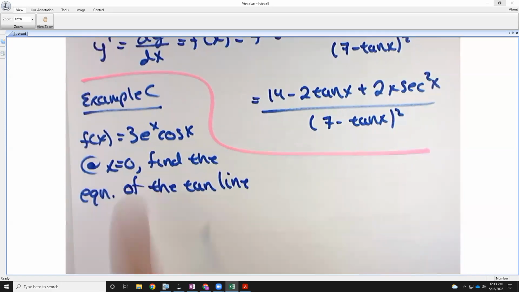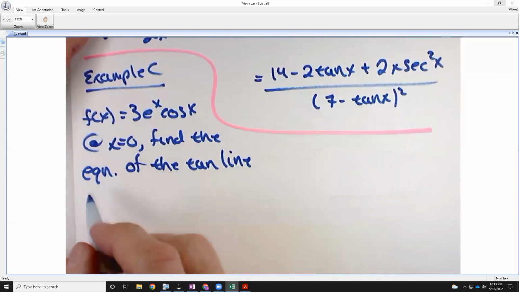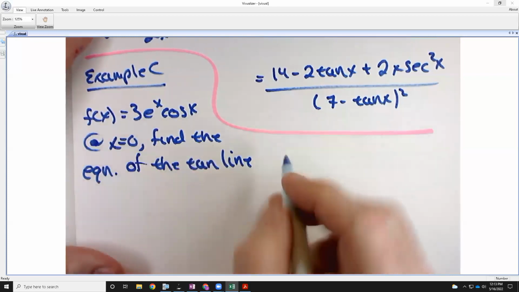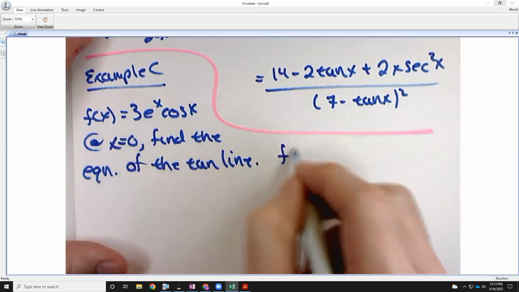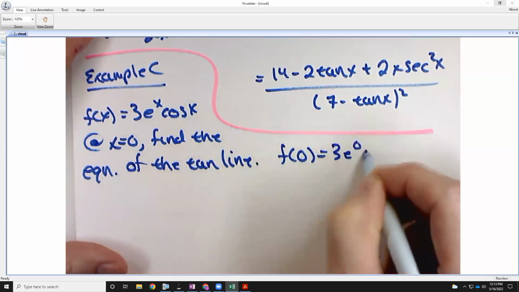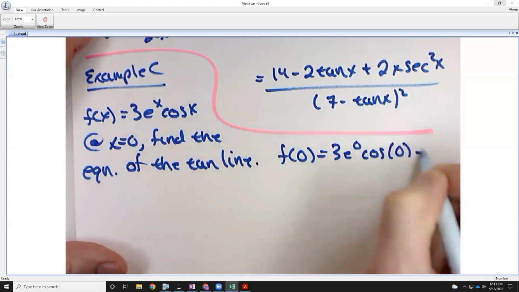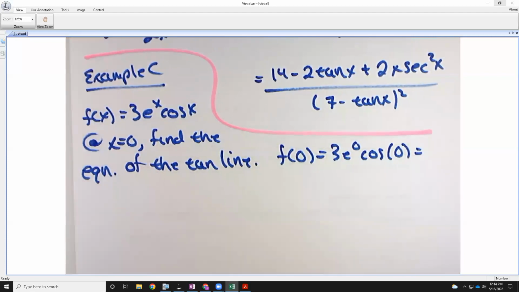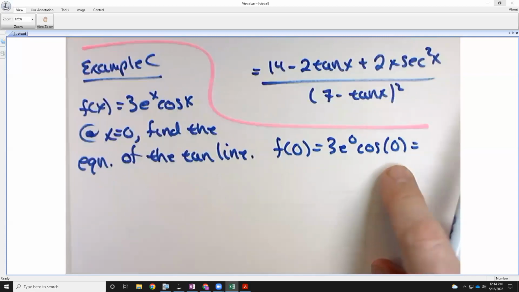So once again, I'm trying to show you what to expect on an exam. On an exam, I expect that you can find the y coordinate of the point of tangency. So it's simply going to be plugging in 0. So f of 0 would be 3e to the 0 cosine of 0. What does that all work out to be? Yeah, I'm sure you got e to the 0, that's just 1. But how about cosine of 0?